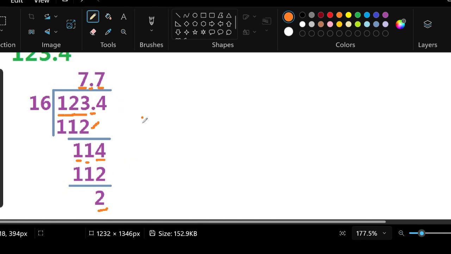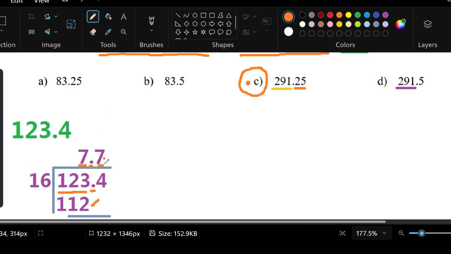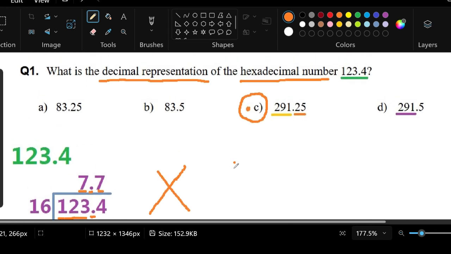But really, if you look at 7.7, you don't see that in any of the choices. So it looks like this is a wrong path to take, and we know that it's already wrong. We gotta look for another way to solve it, right?